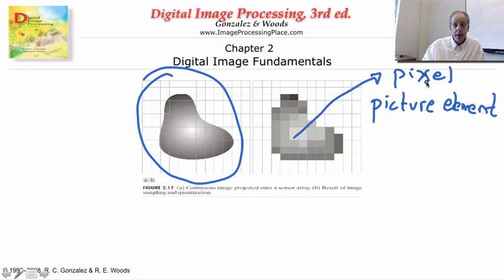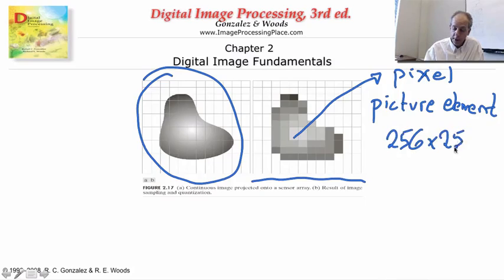And once again, the more we have of this and the more we have of the levels, the better the image is. So regular images will be, for example, 256 by 256 in the spatial domain. That will mean that it will have 256 squared pixels, and maybe it's represented by 8 bits.